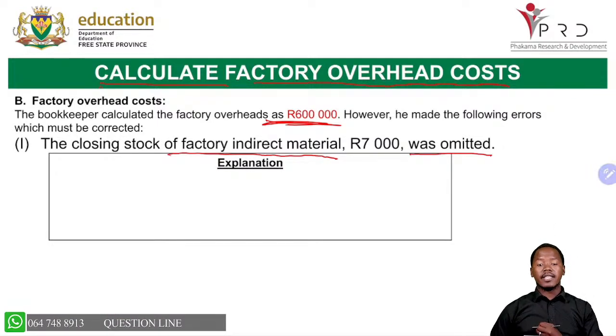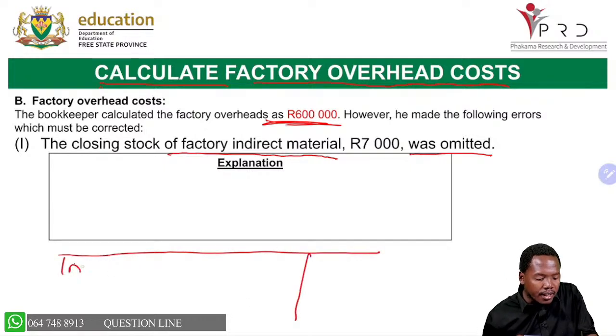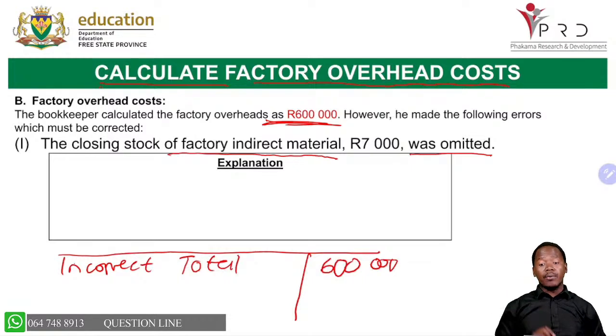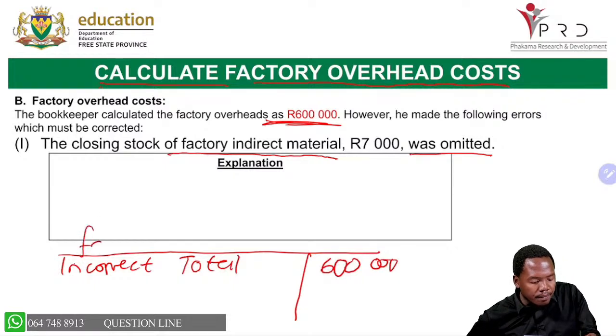How do we calculate this one? Remember, we are given our formats. This is my factory incorrect total. Our incorrect total is 600,000. Now, what are we doing with the 7,000 for indirect material into this factory overhead amount?